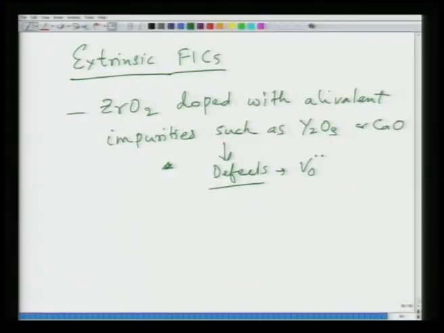So, when you create oxygen vacancies by these means, they tend to be very mobile, and the enthalpy of migration can be extremely low, which gives rise to large conductivity. So, extrinsic fast ion conductors are those intentionally doped with some impurity to increase the defect concentration, and they have an open structure which gives rise to larger conductivity.